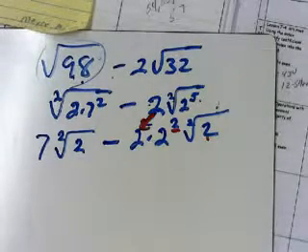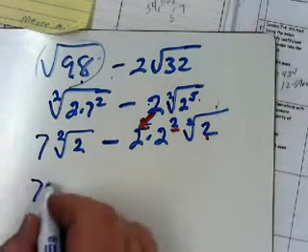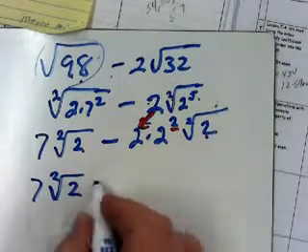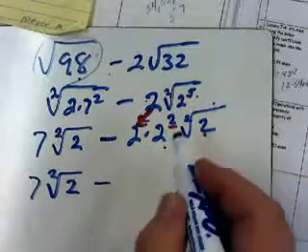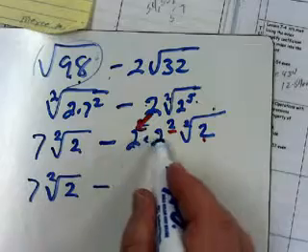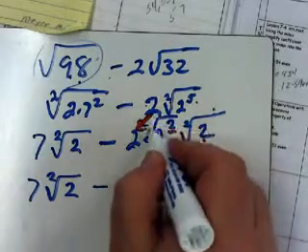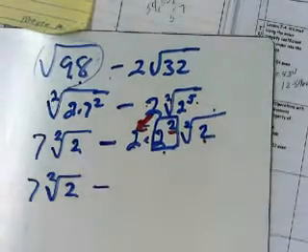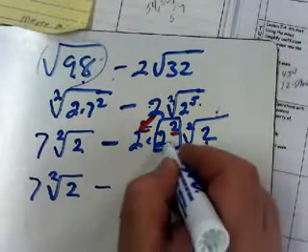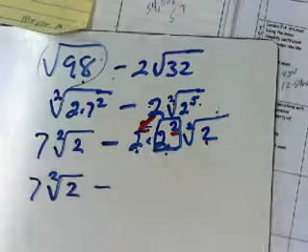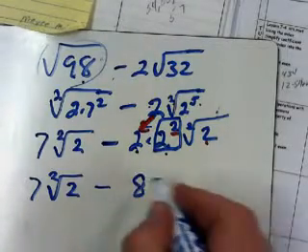So right now I have 7 square root of 2 minus, what's 2 times 2? Now I'm not looking at this 2 times 2, I'm looking at this 2 times 2, because 2 squared is 4. Take this 4 times this 2. So I have 8, the square root of 2.